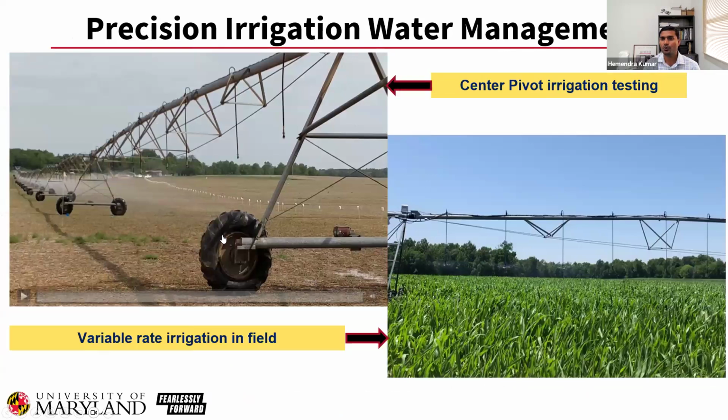When you trigger irrigation, you want to do some tests. This is the center pivot irrigation system. Before we actually do the irrigation, we want to see if all the nozzles are working, so we do the uniformity test.